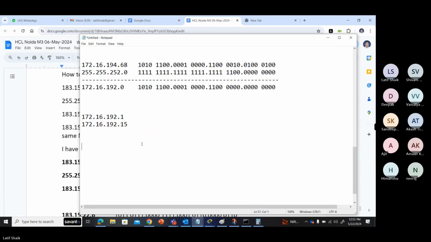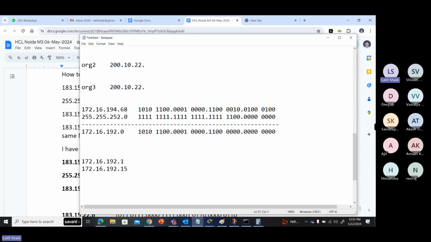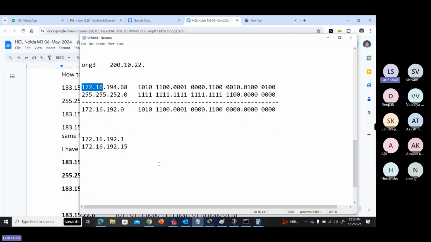Okay. So guys, this is actually class B. By default, class B gives 65,534 hosts. But you change the subnet mask and calculate the number of zeros here. How many zeros are there? These are 8 and these are 2, totally 10.